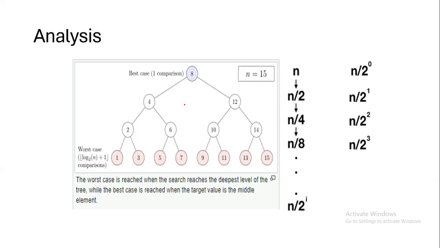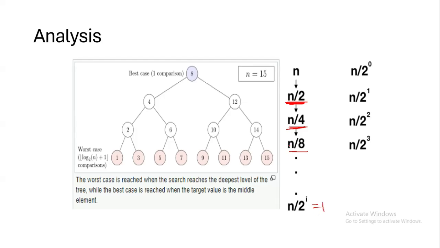Now for the next iteration, the size of the search space is reduced to exactly half. For the next iteration, it is again reduced to half of the previous one. For the next iteration, it will become n by 8. Likewise, after a certain number of iterations, the size of the array will become 1.